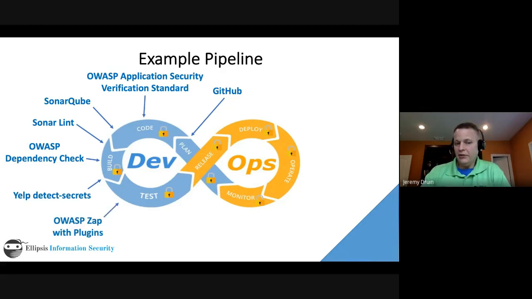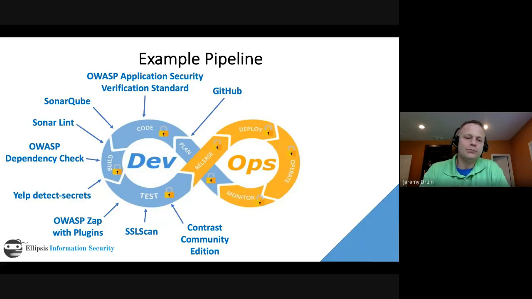Once we have the product developed, we can start to use OWASP ZAP with its plugins and SSLScan to test our TLS configuration. And we can bring in IAST, like Contrast, to check our application at runtime to see if there's any issues that can be noticed while the application is running in our testing environment.